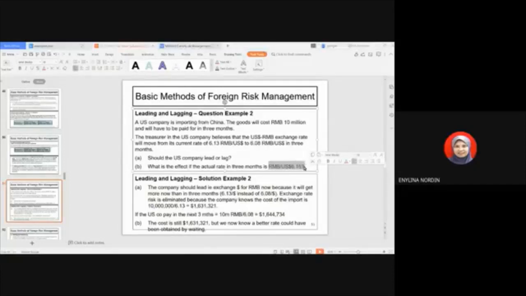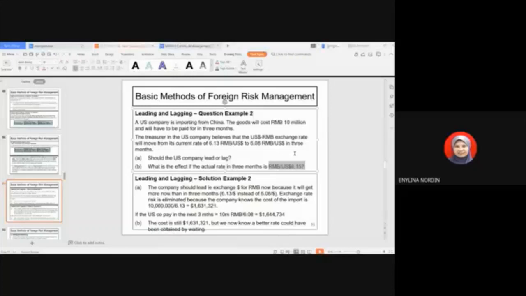So what happens to the US dollar? The US company will be at a loss, because it has already adopted the leading strategy just now. So if the prediction is not correct, the company is at a loss. If the company waited until 3 months' time, it would pay the China supplier fewer dollars, or spend fewer dollars for 10 million RMB.